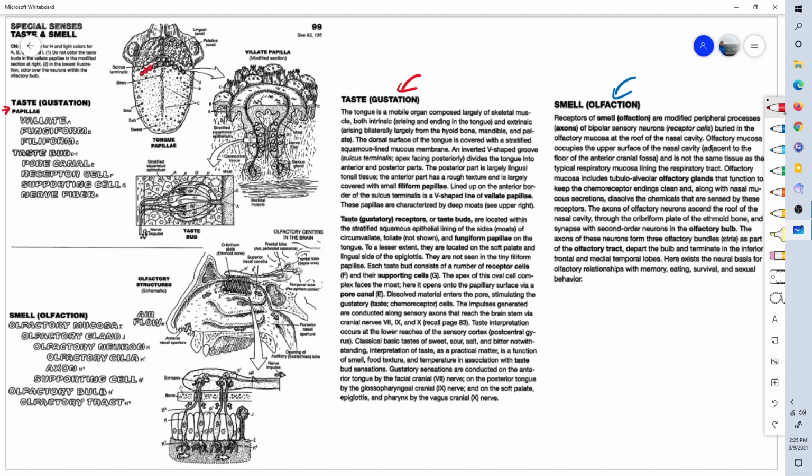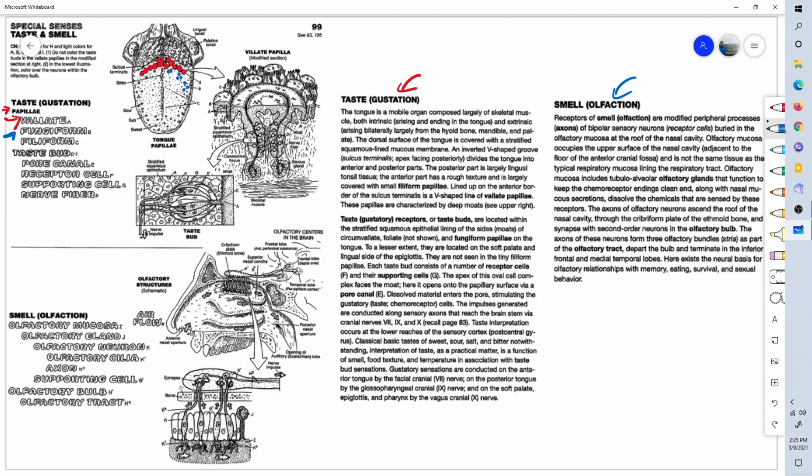these larger papillae here on the back of the tongue, vallate. There are fungiform papillae, which are these medium-sized papillae.